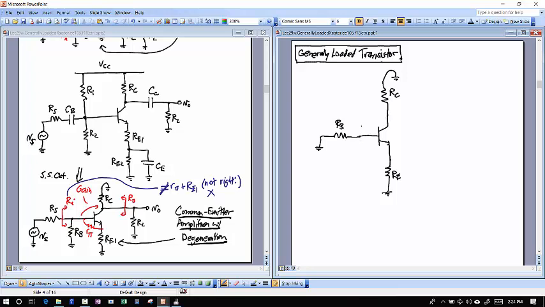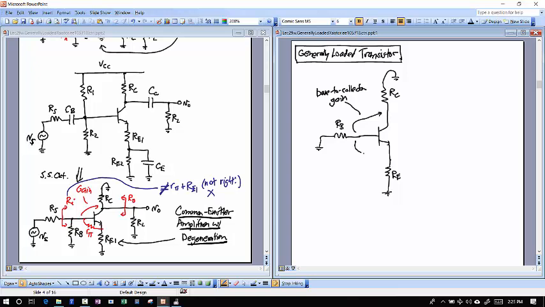So this gain that I get from here to here, I've been calling this common emitter or common emitter with degeneration gain, but let me just now call this base to collector gain. Okay? So that's what that would be there, in that direction there.